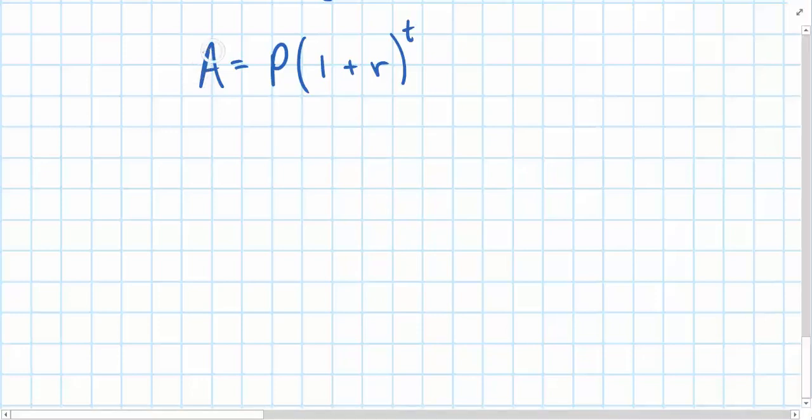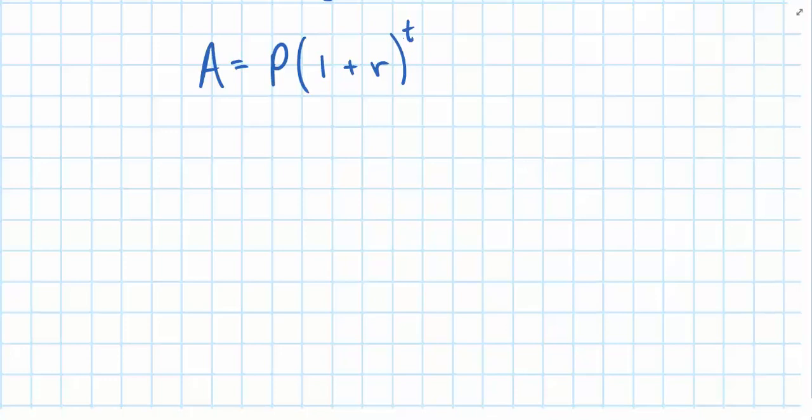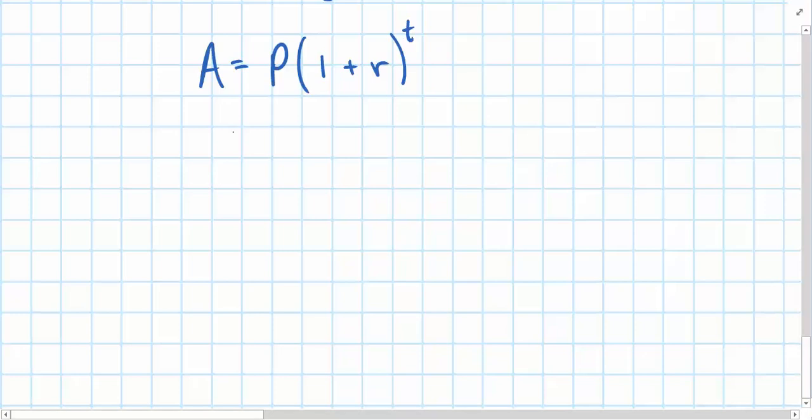Where A again stands for the total amount of something after a particular amount of time. The total amount is equal to some principal or starting value times 1 plus our growth rate, the rate at which we grow, raised to the power of t, or the number of years that we allow something to grow. In this case, we're told that there are 8,340 farmer markets this year.